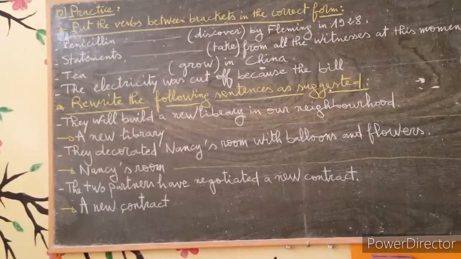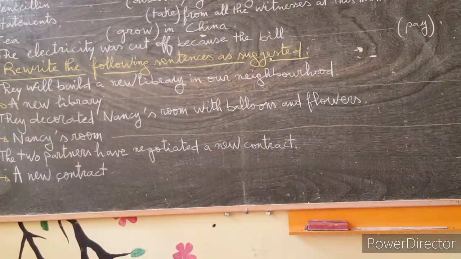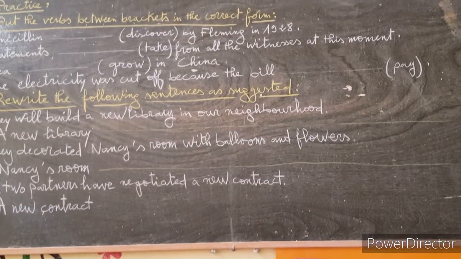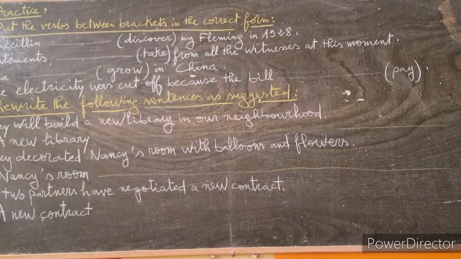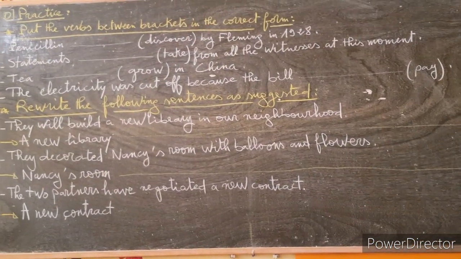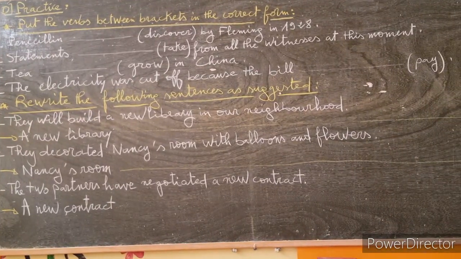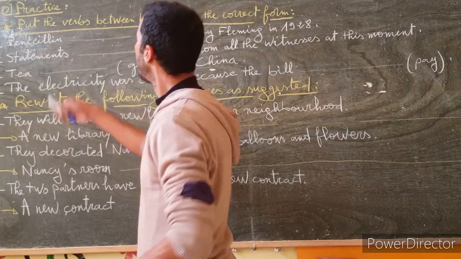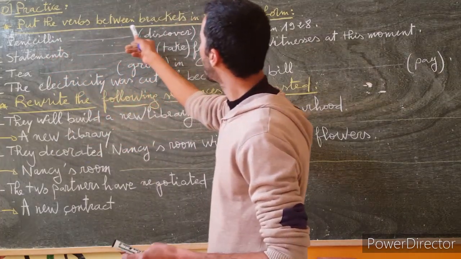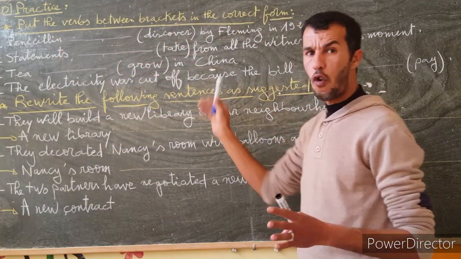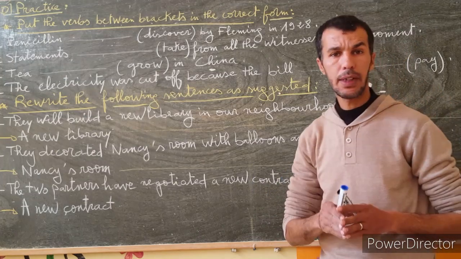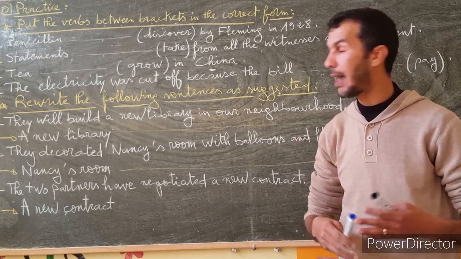As you can see here, we have two types of exercises. The first one: put the verbs between brackets in the correct form. This is the first type of exercise that you may have in the national exam.